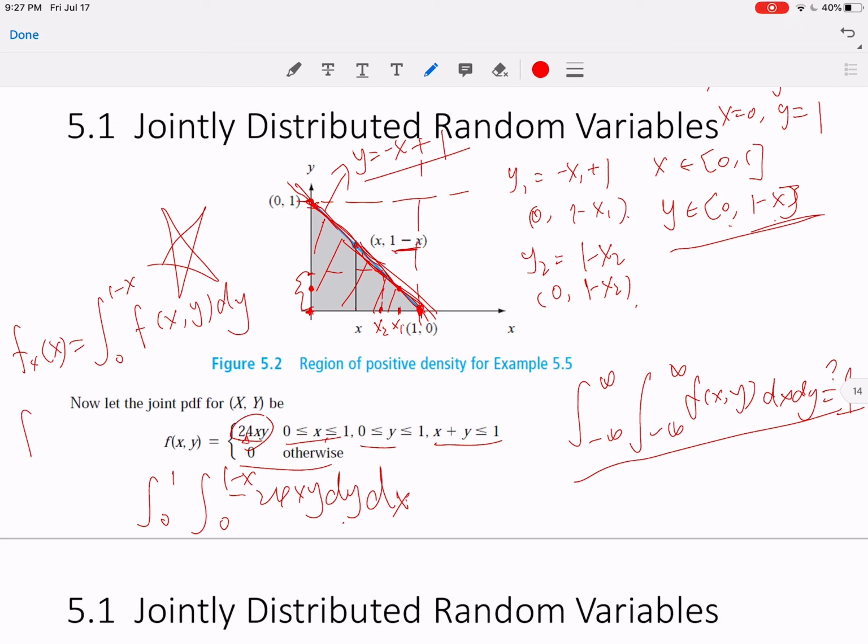What if you want to find the PDF of y? Of course, you want to integrate the joint PDF with respect to x, which means you want to hold y fixed and integrate with respect to x. If you hold y fixed, what's the interval of x? Let me clean this line a little bit.